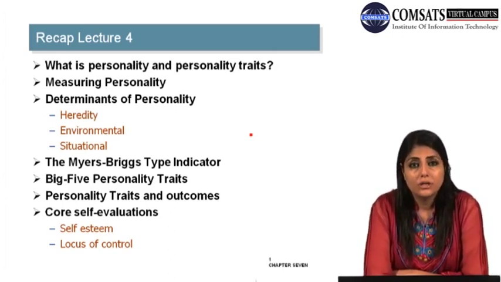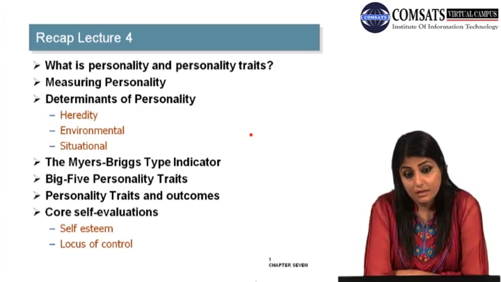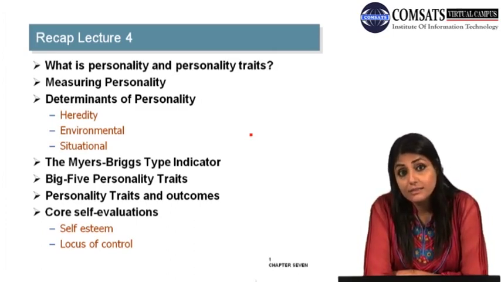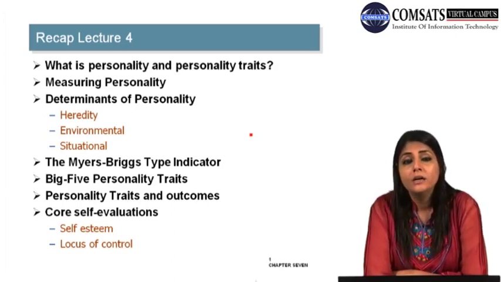Therefore, there is criticism on the strength of the big five personality traits that was given in this theory, and the proponents of this theory gave this argument that it is very comprehensive.